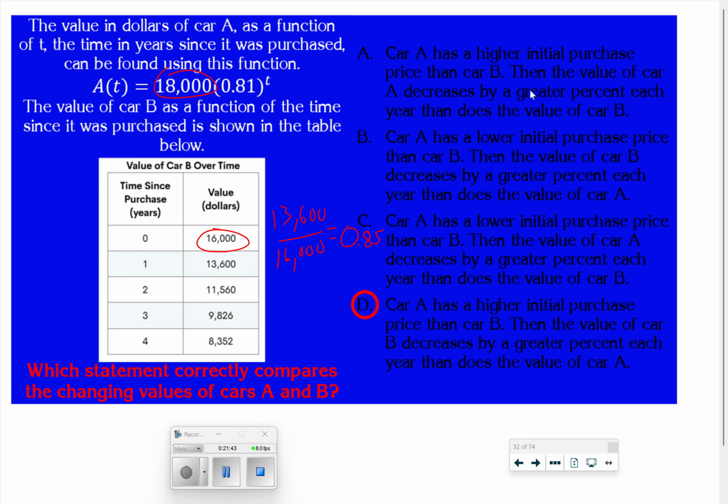The next part is, does it decrease by a greater percentage? Make sure I read that right. A decreases by a greater percentage, and here it says B decreases by a greater percentage. So where do you find a percent?